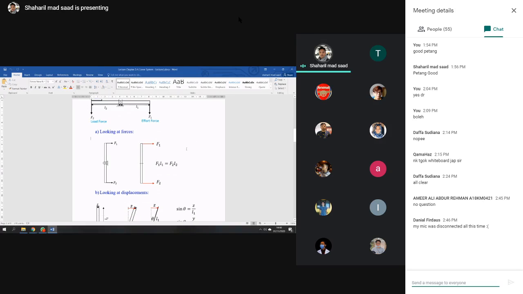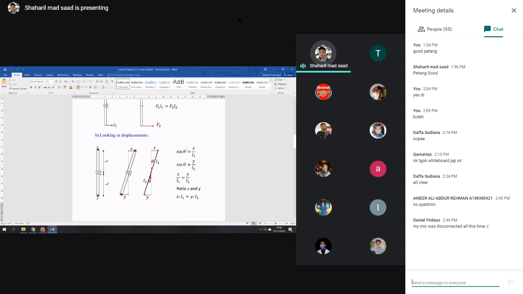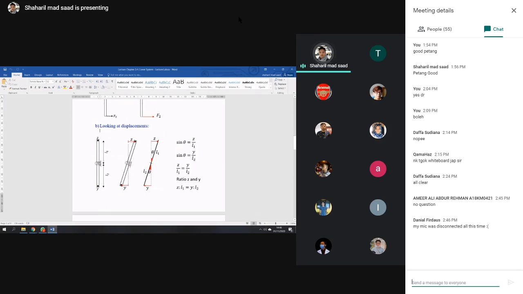F1 equals F2, and also by looking at the displacement, when you have the lever system here, your lever will, for example, give you some angle theta.